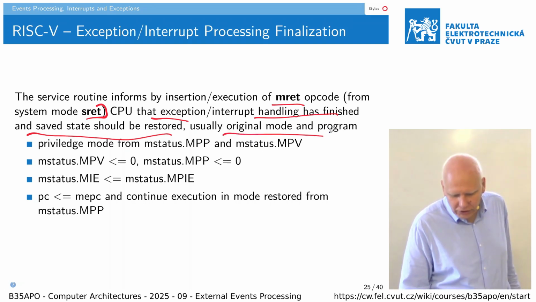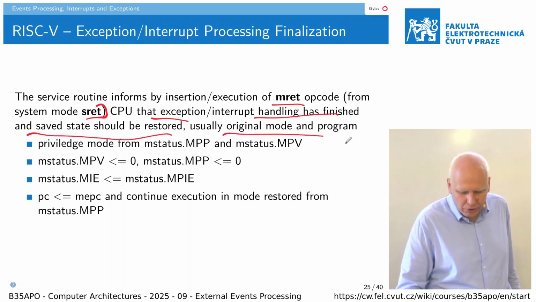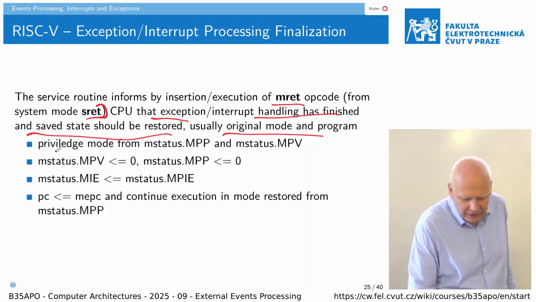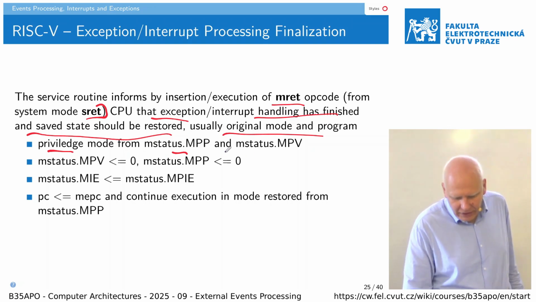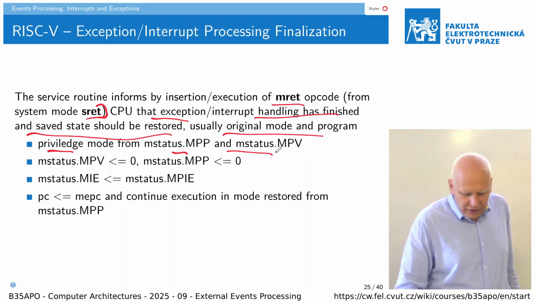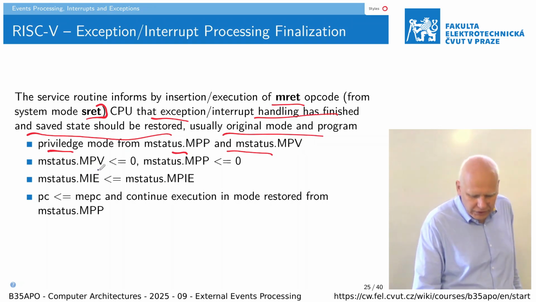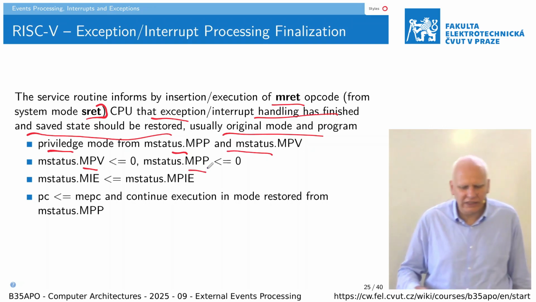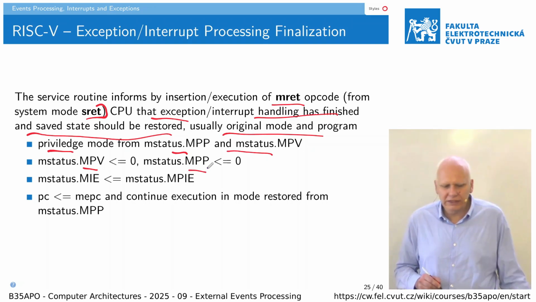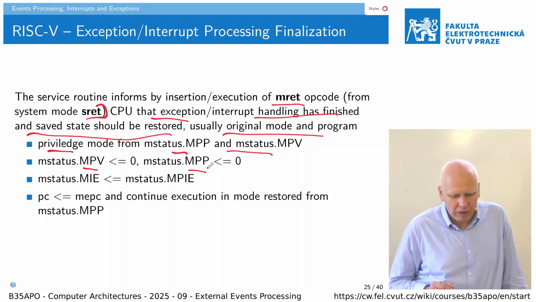Usually the original mode and program counter are restored. So basically, the privilege mode is set from the MPP and MPV values. The status MPV and MPP, that previous, is set to 0. It is for that reason that it cannot be somehow abused.